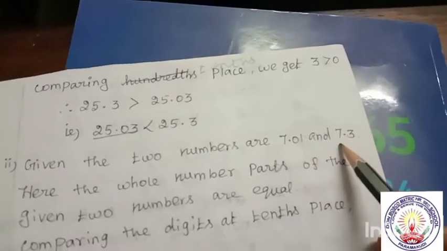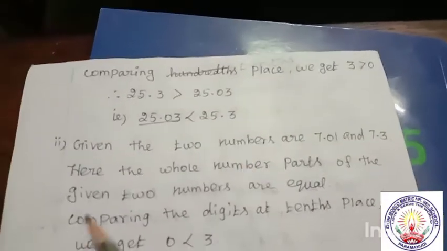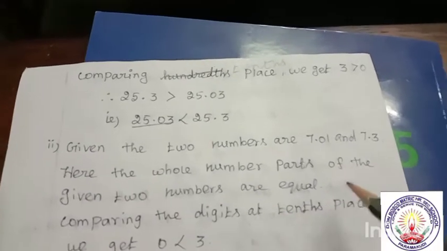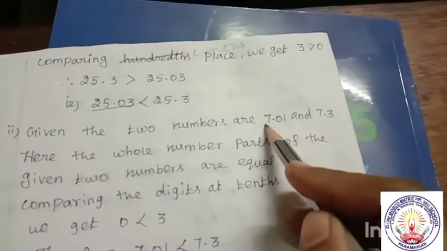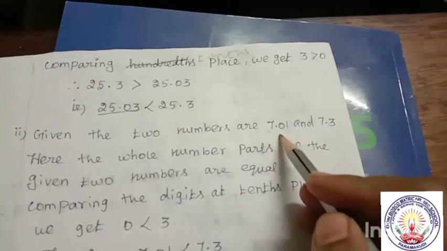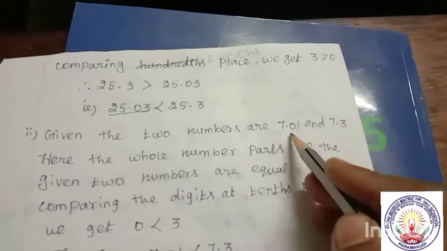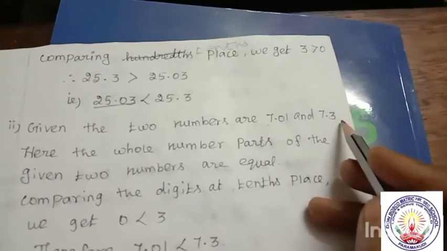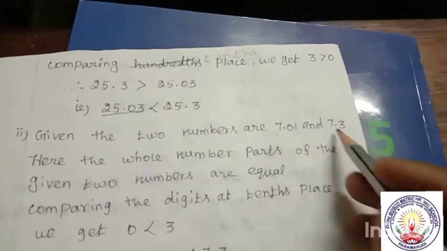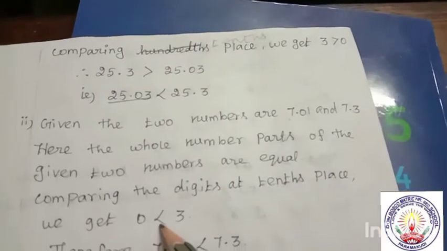Next, the given two numbers are 7.01 and 7.3. Here the whole number parts of the given two numbers are equal, 7. Next we compare the tenths place. Comparing the digits at the tenths place we get 0 and 3. 0 is less than 3.